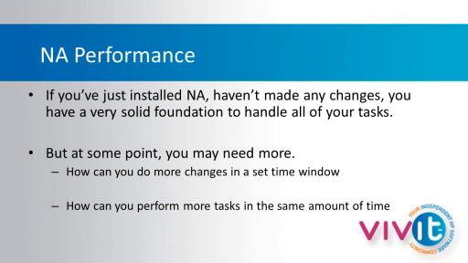And when I say we need more, typically that means we need more tasks to run within, for example, a set change window. You may have an environment where your change window actually shrinks. I've actually had that happen to me before. Or you may just need to be running more tasks in a period of time.